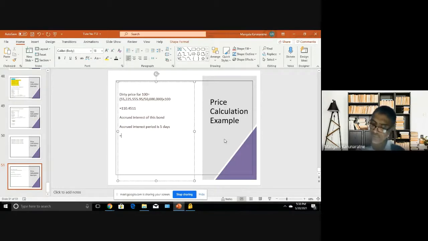What is the accrued interest? So accrued interest is 5 days interest.